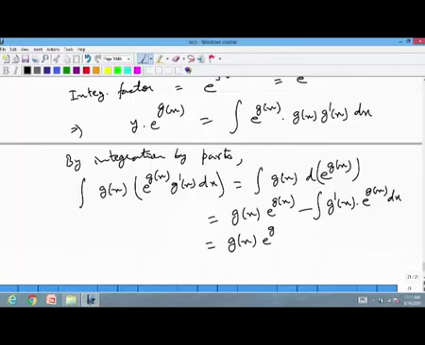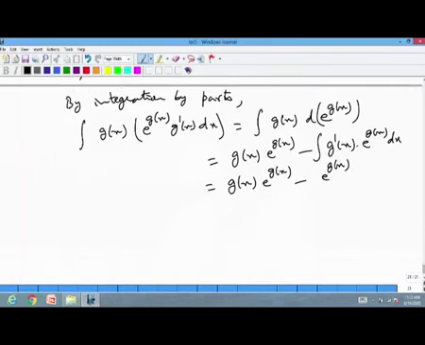which is equal to g(x) e to the power g(x) minus, this is nothing but the derivative of e to the power g(x). So, this gives e to the g(x) plus c.